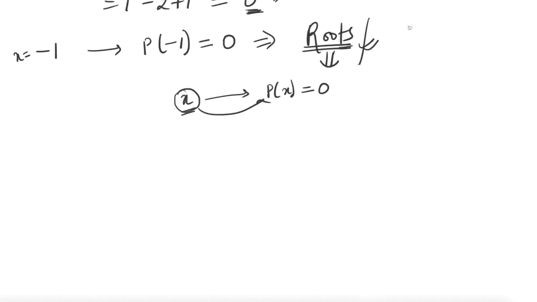The roots are also known as zeros. When we talk about a quadratic equation, we call them roots. When we talk about a quadratic polynomial, we say zeros.